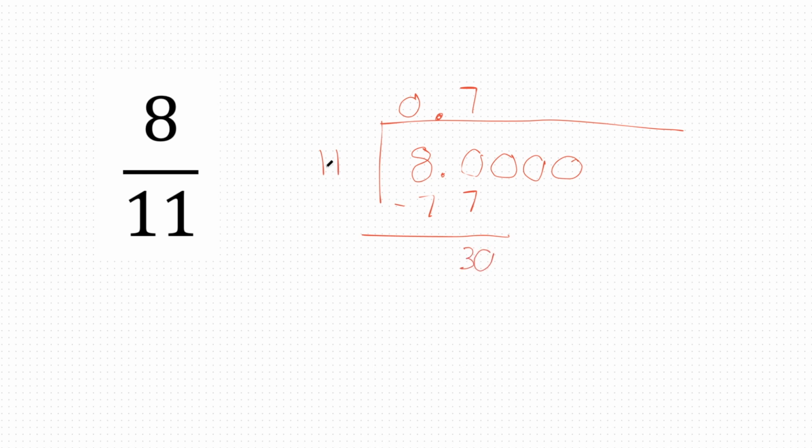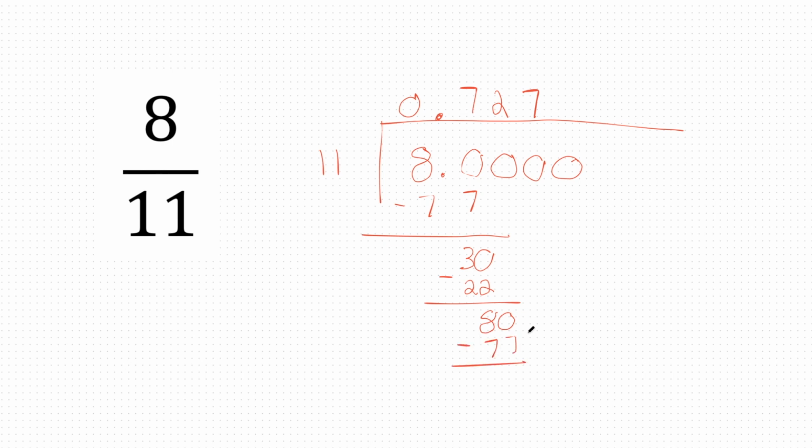Then can 11 go into 30? Yes, it goes in twice. 2 times 11 is 22. Then 30 take away 22 is 8. Then bring down another 0. And oh wait, this is similar to what we did before. 11 goes into 80 7 times. 7 times 11 is 77.